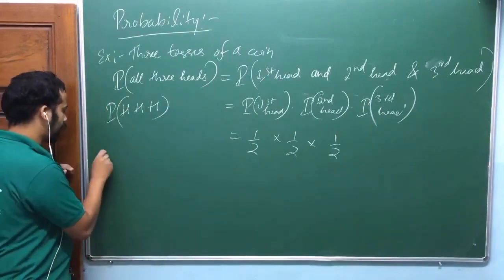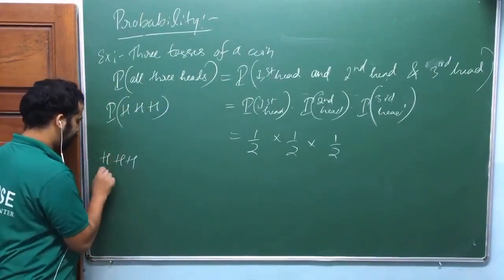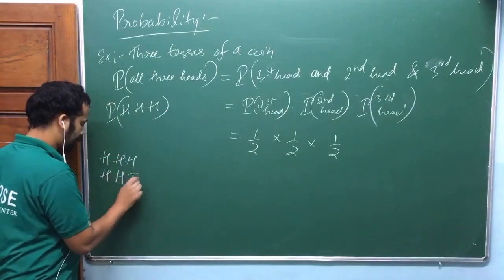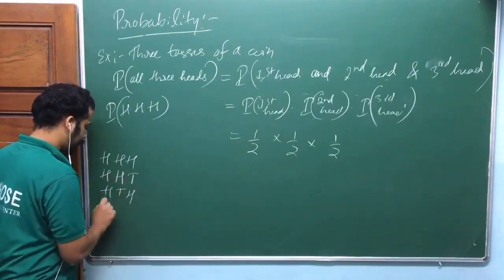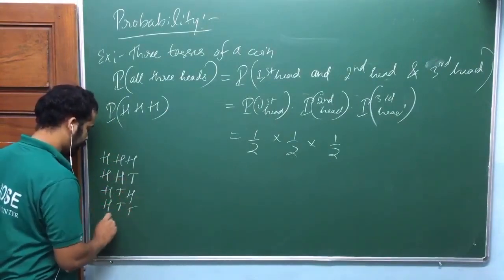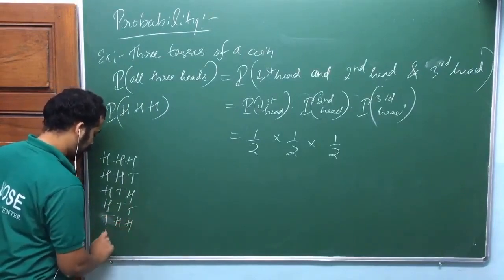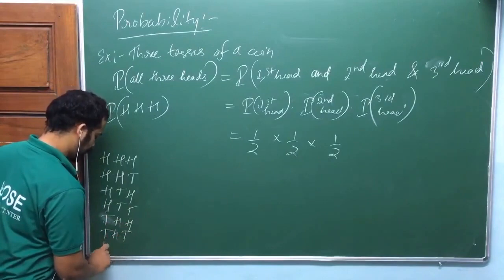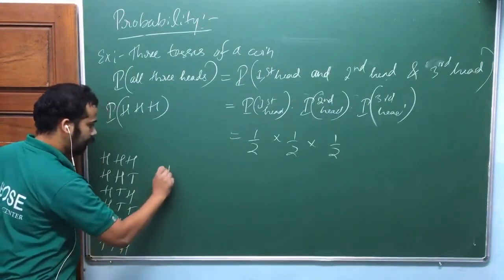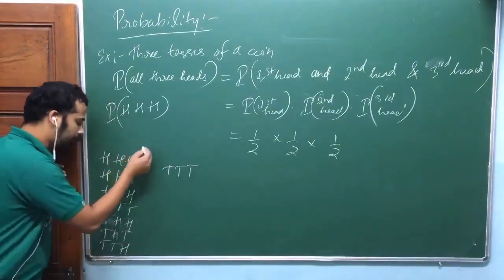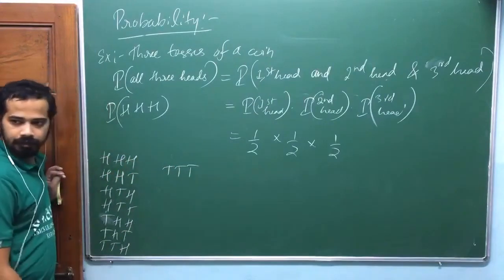Now go for sample space. Head, tail, head, tail, tail, tail, head, tail, tail, head, tail. Am I right? All of these are 1/8 probability.